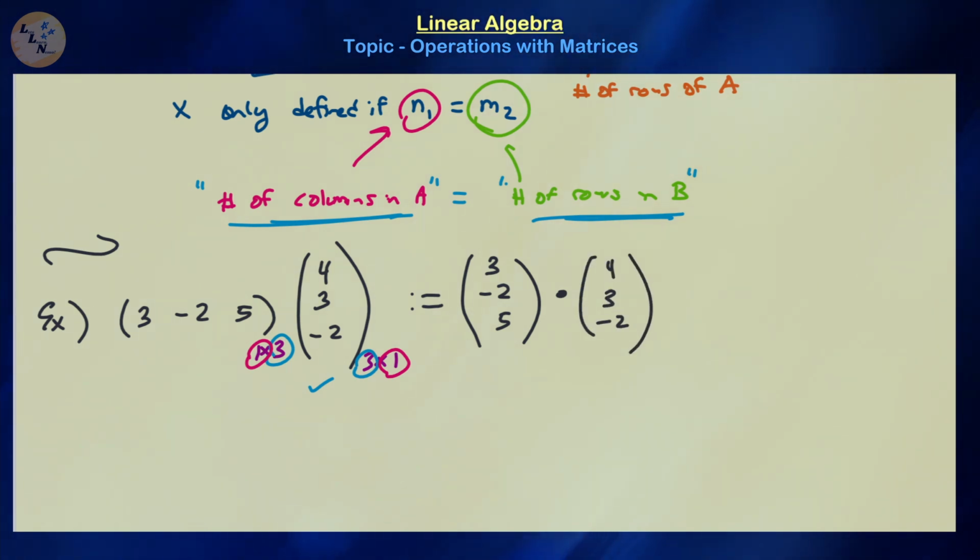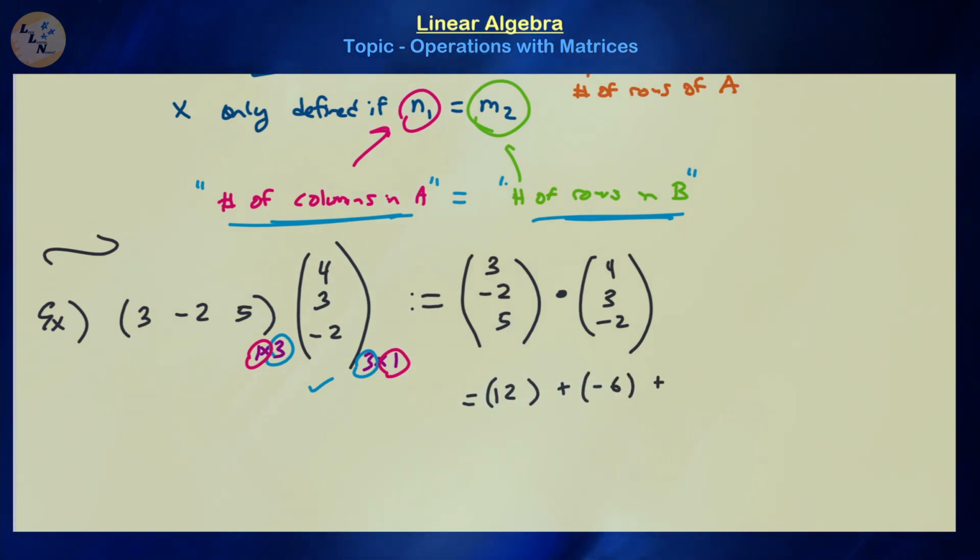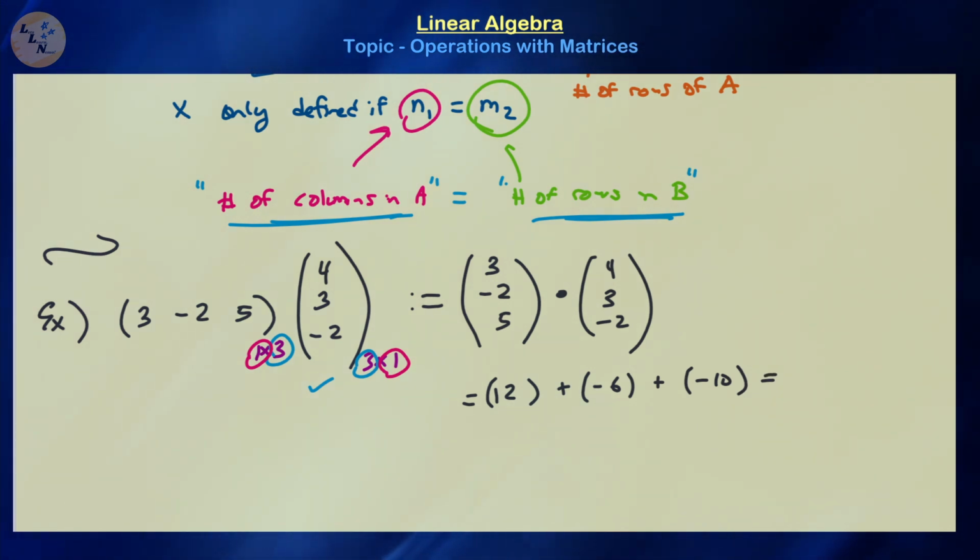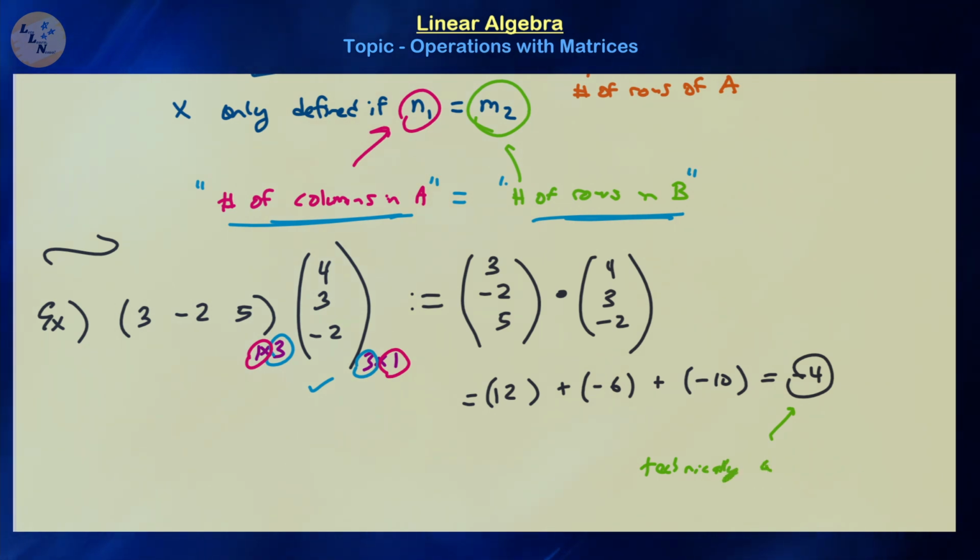If we define it that way, that's just going to be equal to 12 plus minus 6 plus minus 10, and that's just going to be equal to 6 minus 10, which is minus 4, right? And keep in mind, minus 4 is technically sort of a 1 by 1 matrix, which satisfies what we said before.